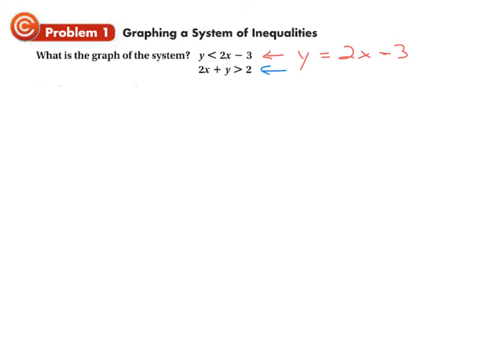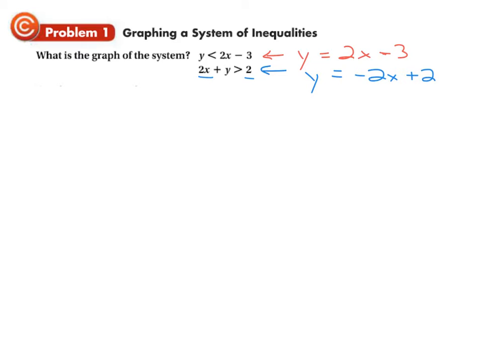Well, you're going to have to rewrite these into slope-intercept form. So how would you rewrite this into slope-intercept form? Well, you would subtract 2x from both sides, and you would get y is greater than negative 2x plus 2. Okay? And of course, we actually want it to read like an equation for the moment so that we can find the boundary line. So that's what we're going to do.